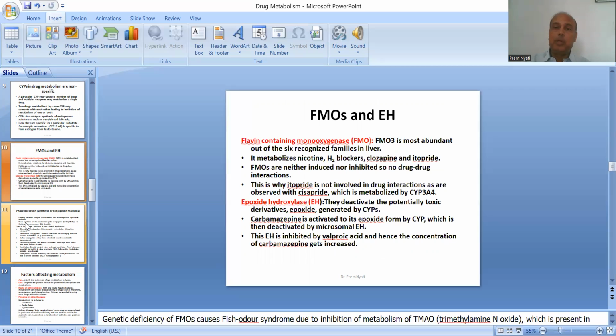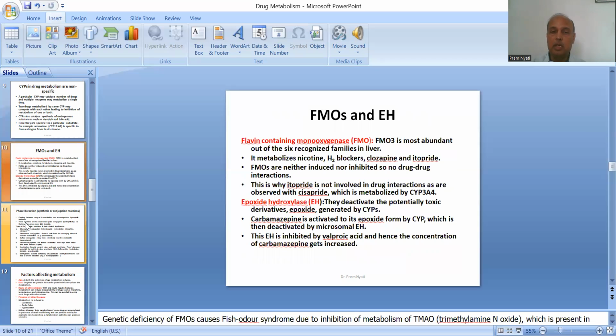Besides cytochrome P450, the other enzymes involved in the oxidative process are FMOs and EH. FMOs, that is flavin containing monooxygenase, are most abundant out of the 6 recognized families. FMO3 is the most abundant form. It metabolizes nicotine, H2 blockers, clozapine, itopride.